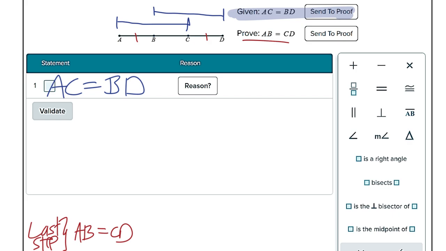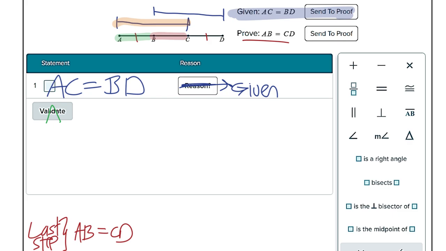So we know that AC is BD, and my reason is going to be that it was given to us. Now, the next thing is, well, let's think about things we've learned. We've learned about segment addition, so we know that AB and BC together is this entire length here. So I'm going to just write that down. The entire length, which was AC. So I'm going to write AC.